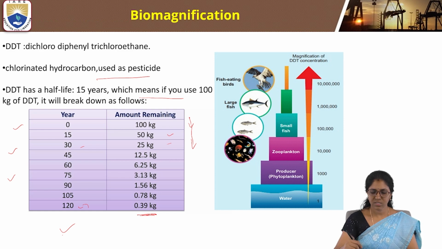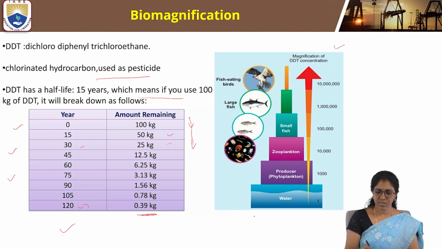So if we see this diagram, this is the magnification of DDT concentration. First, this is the aquatic system. In water, it has 1 ppm concentration.